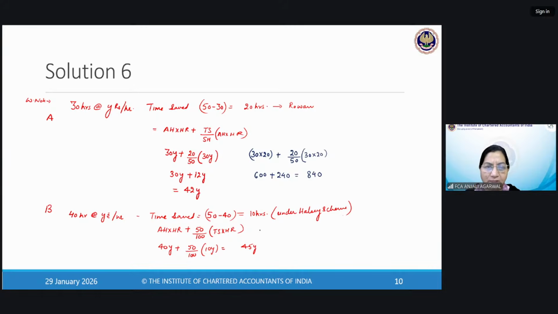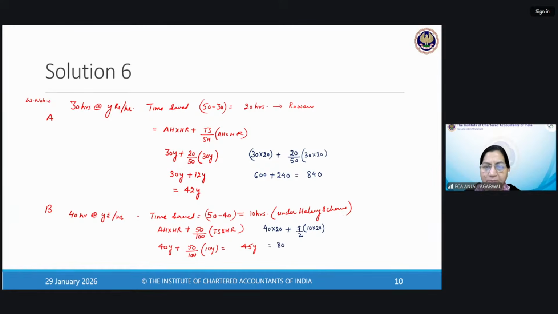Worker B gets 40 into 20, that means 800, plus 10 hours saved. So 10 into 20, money saved is 200, and 50% of 200, 1 by 2 of 200 is 100.